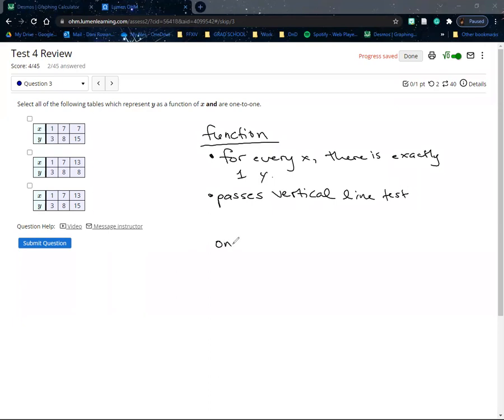Okay, for it to be a one-to-one, what else does it also have to do? Pass it horizontally. Yeah.